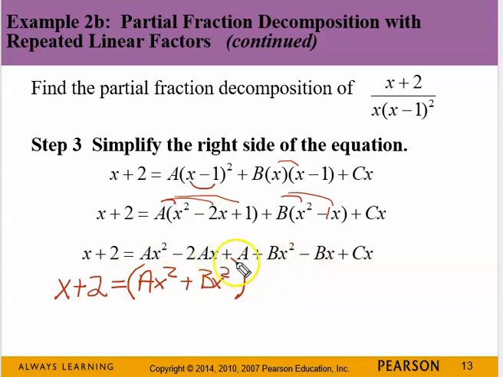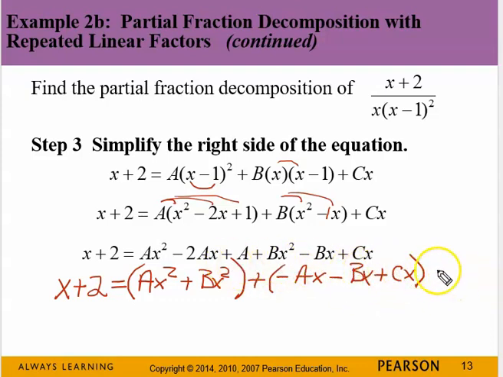Then our x terms. So we have a, in parentheses, negative ax right there, minus bx right there, and then a plus cx right there.